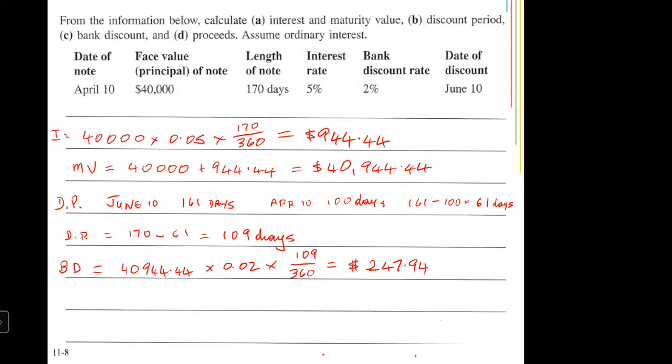And so to get the proceeds, how much you will get for discounting the note, it would be the maturity value, which is 40,944.44 minus the 247.94. So that's equal to 40,696.50.